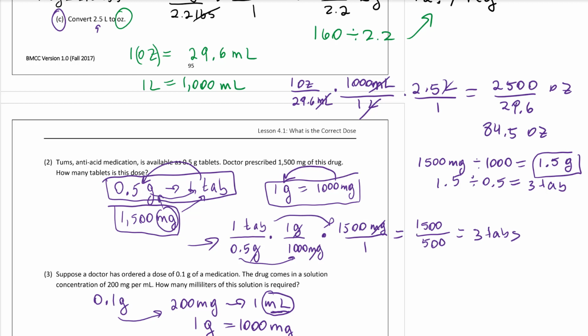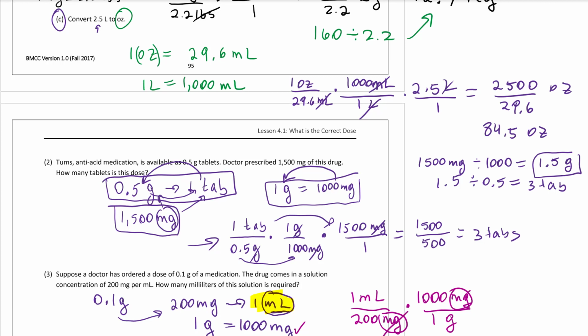And let's review. So the question is how many milliliters is required? This is the unit that talks about milliliters. So the idea of the unit analysis is that you start with that unit and you put it over whatever is given to us. That 1 milliliter contains 200 milligrams, just like the acetaminophen question, right? How many mLs? Then what you want to do is get rid of this. Well, this gives you information about the relationship between milligrams and grams. And when you put it in your fraction, you want to put it in such a way that the units across from it will cancel.